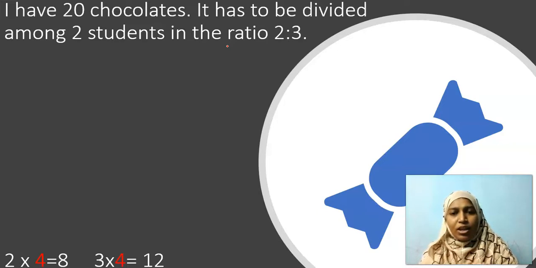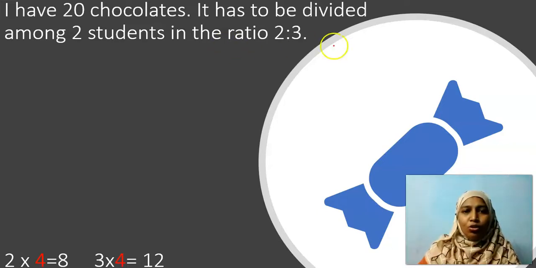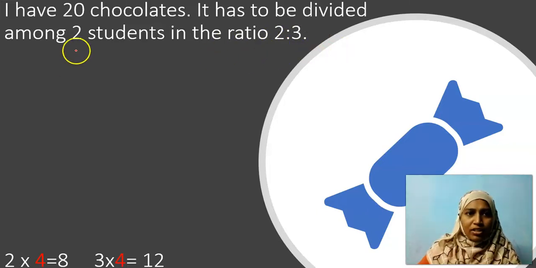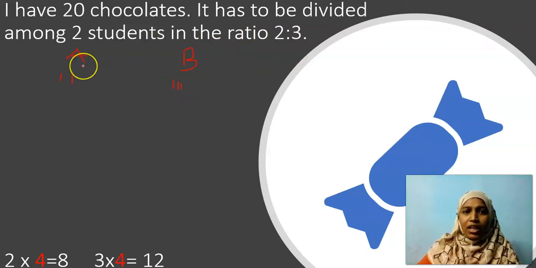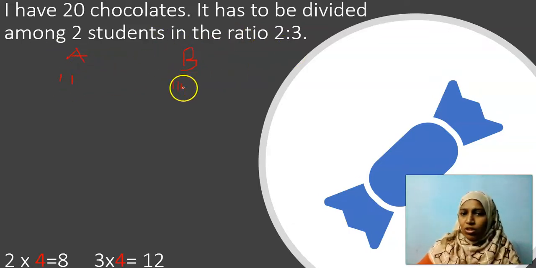See, let me have the student A here and B here. If the student A has to get 2 chocolates, 1 and 2 chocolates, and the B has to be given 3 chocolates, because this B may be the topper and he is second topper. So it is divided in the ratio 2:3.